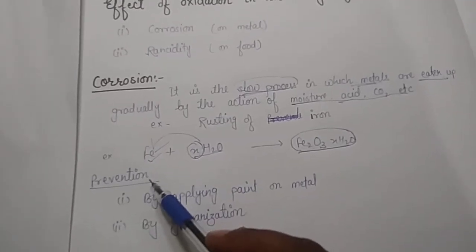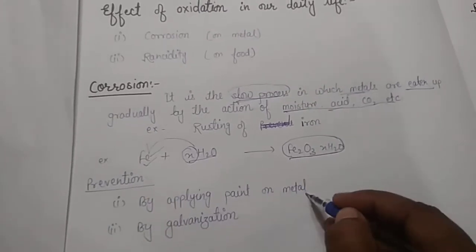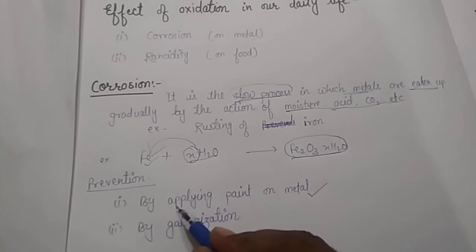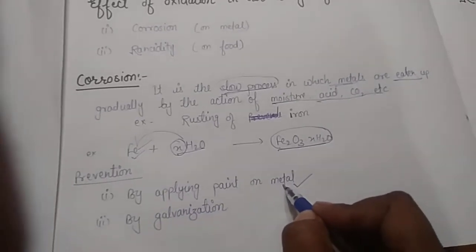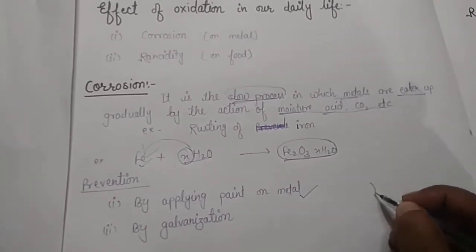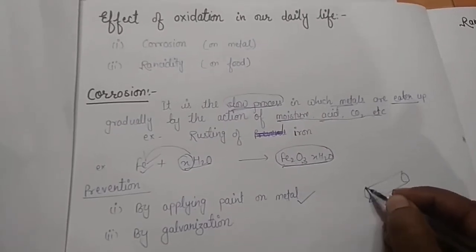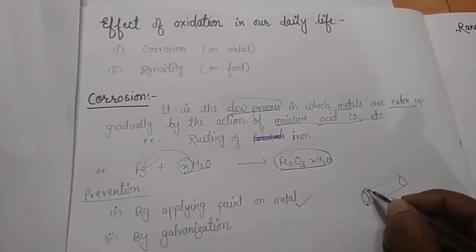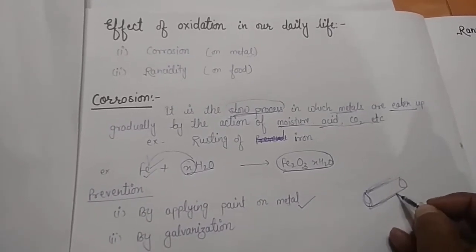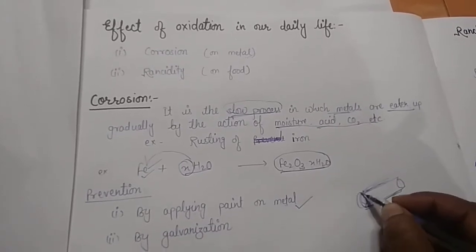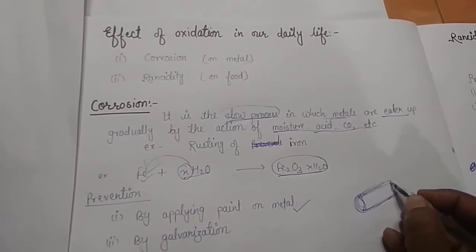So these are the harmful effects of oxidation. And now we will read about the prevention from this. First, by applying paint on metals. Let's see, children. Suppose this is a metal. When it is painted by another layer, and we have known that electroplating is also done with the help of electric current.